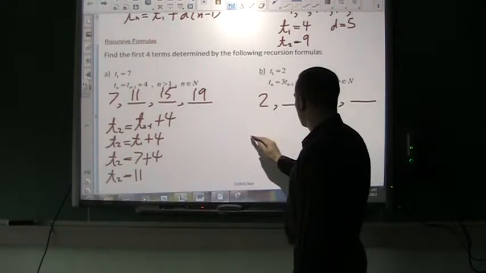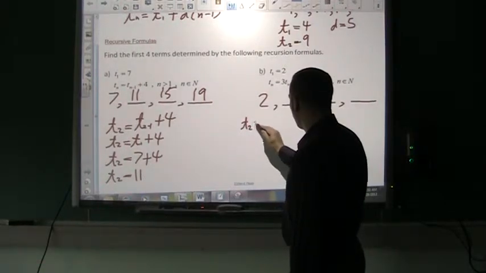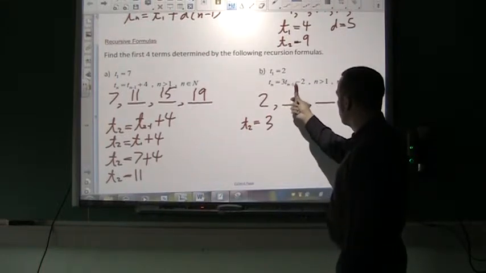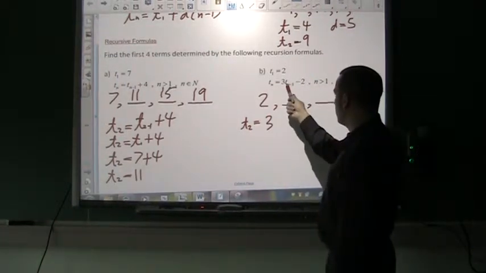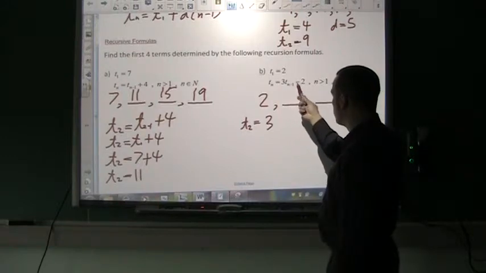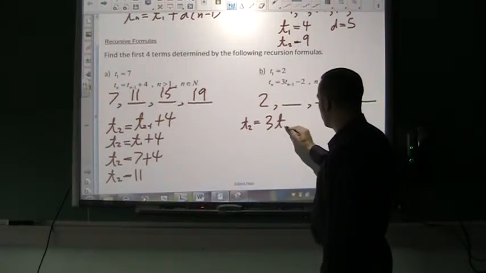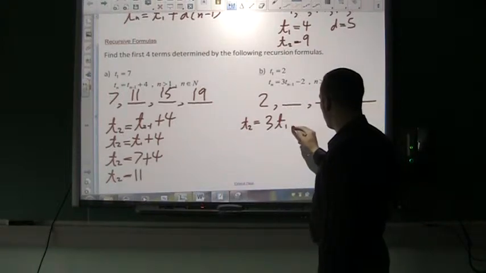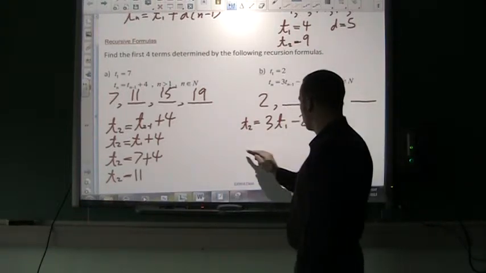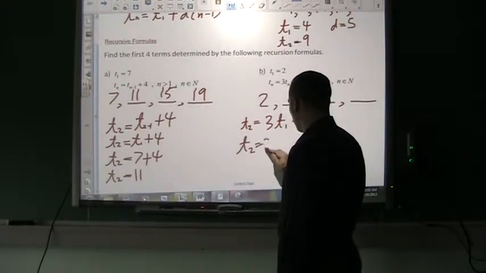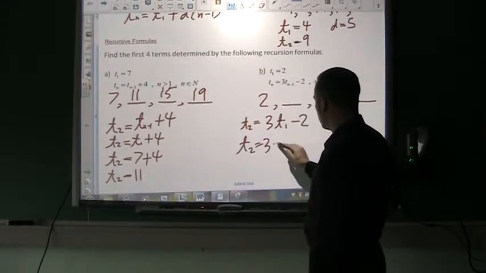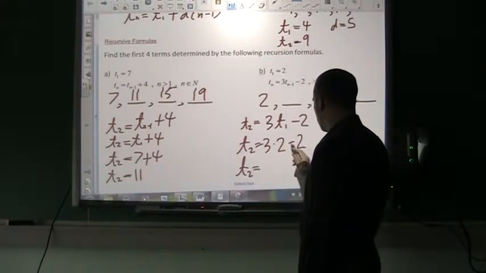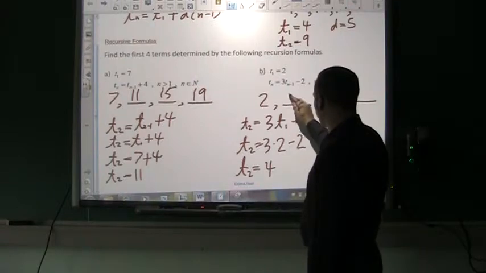To get my second term, T2, I'm going to go 3 times, and here you see this a lot in math, your previous term. N minus 1 means your previous term. So I'm just going to skip filling in the 2 minus 1 part and make it say T1 minus 2. Then my second term is equal to 3 times T1, which is 2, minus 2. So my T2, 6 minus 2, gives me 4.